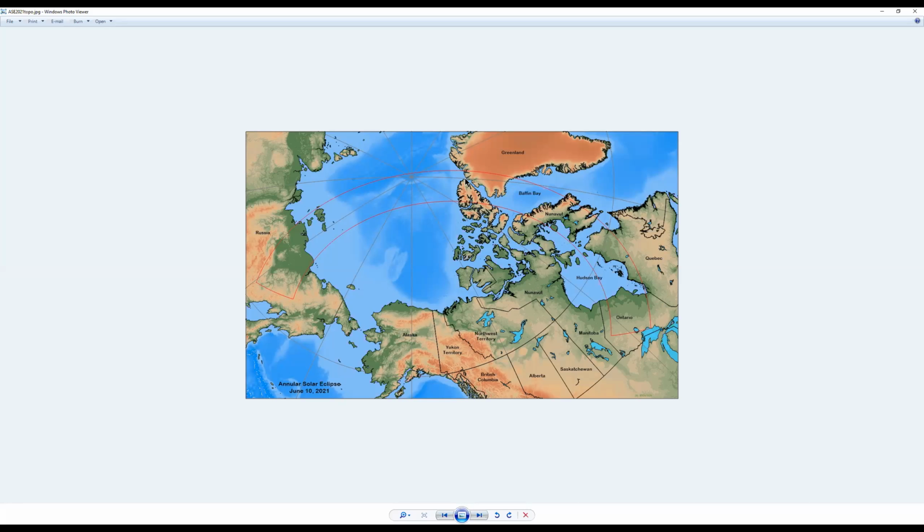But the easiest place to see it is right in here, just on the north shore of Lake Superior, because the Trans-Canada Highway goes through there. So for that little tiny notch just north of Lake Superior, you can sit on the Trans-Canada Highway and watch the annular eclipse.